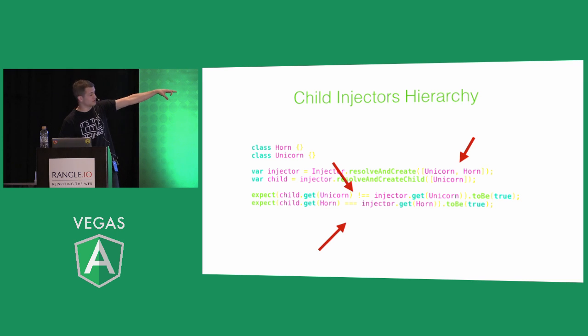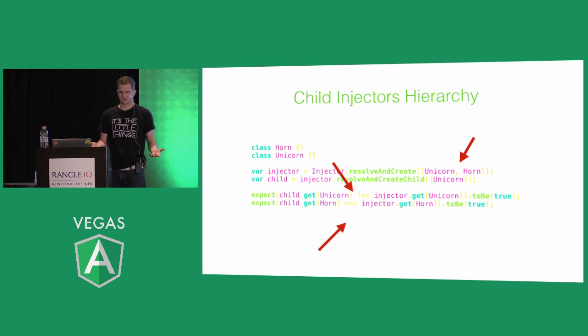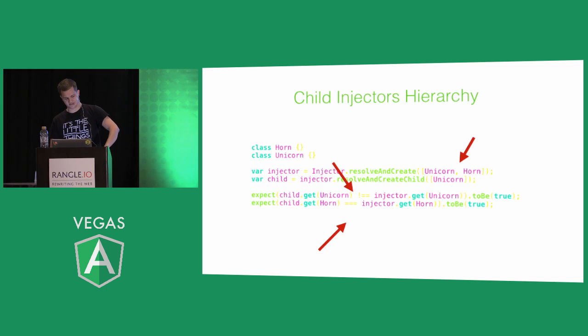Now we expect that the unicorns are different, but they're sharing the same horn object. So you can kind of think of this like prototypal inheritance for dependency injectors. As with prototypal inheritance, it took me like 6 years to understand that, but now it's the best thing ever.